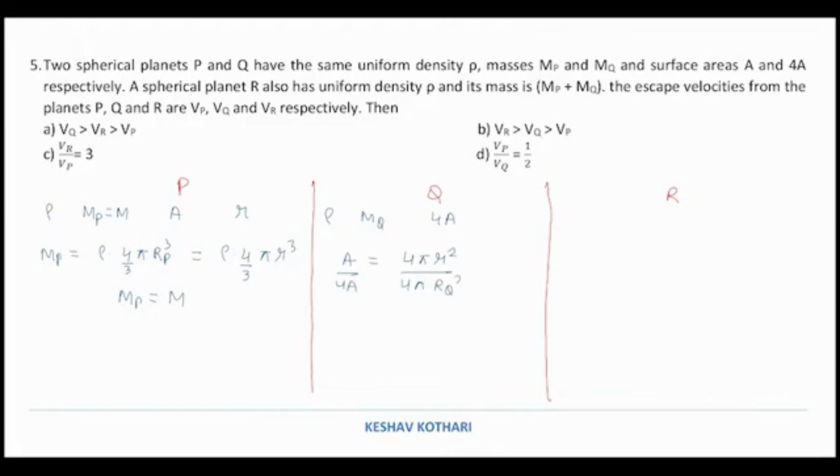So from here we get that RQ is equal to twice of RP. Twice of RP means twice of small r. So this is what we obtain here.